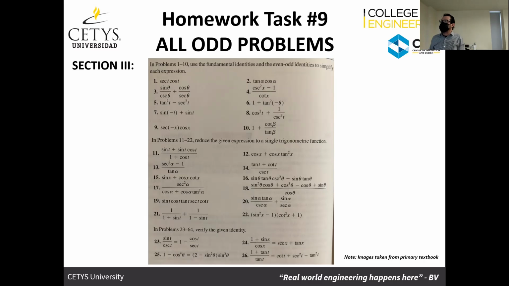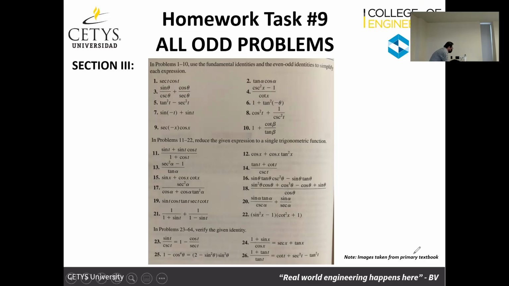We're still going to be applying the same basic identities we've been using up to this point. Consider the first one, which is number 12. Number 12 says cosine of x plus cosine of x tangent of x.